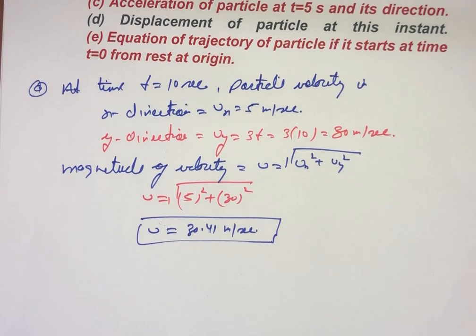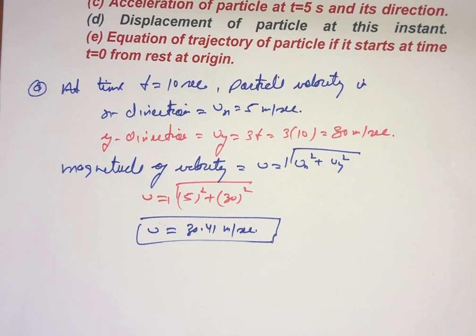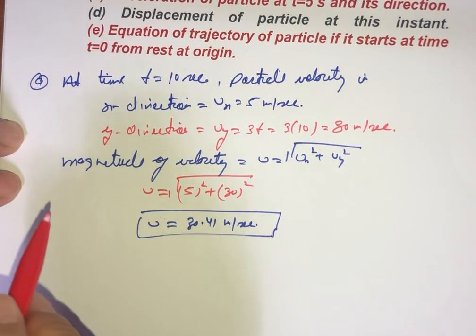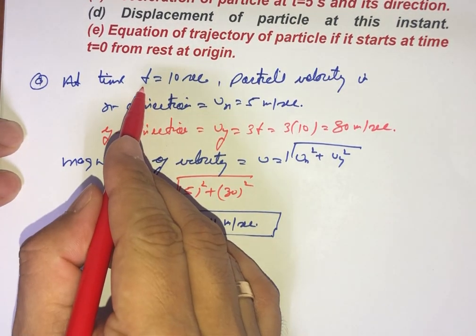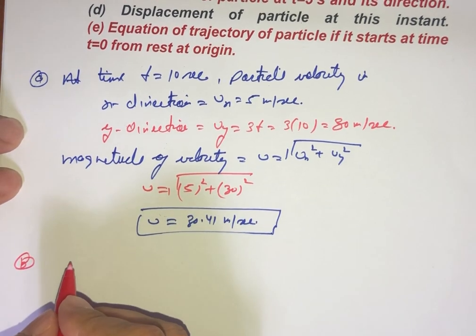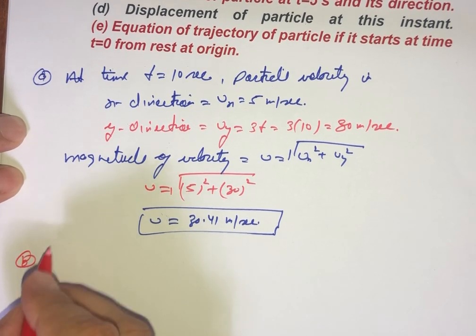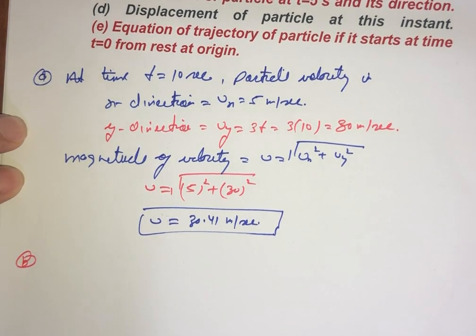In the b part, the direction of motion at that time. So it means we are going to find out what is the direction of motion when time is equal to 10 seconds. The important thing is that the direction of the motion will be along the instantaneous velocity.